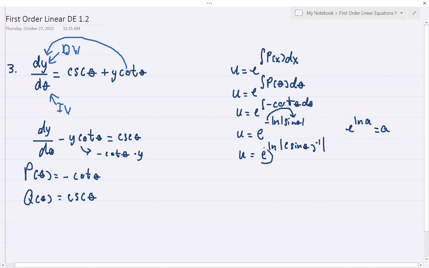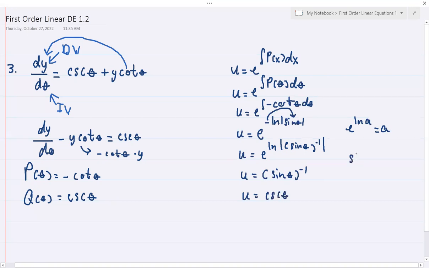Since we have a base of e and a natural logarithmic function, you're going to copy the input. So hence you have u is equal to sine theta raised to negative 1, or this is cosecant theta.